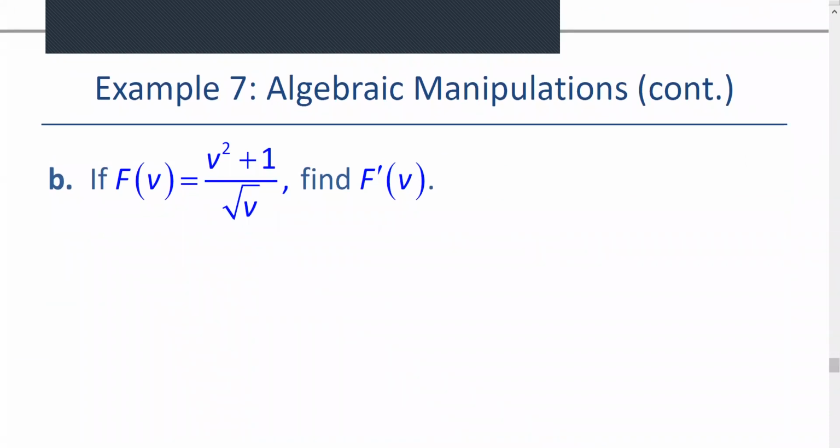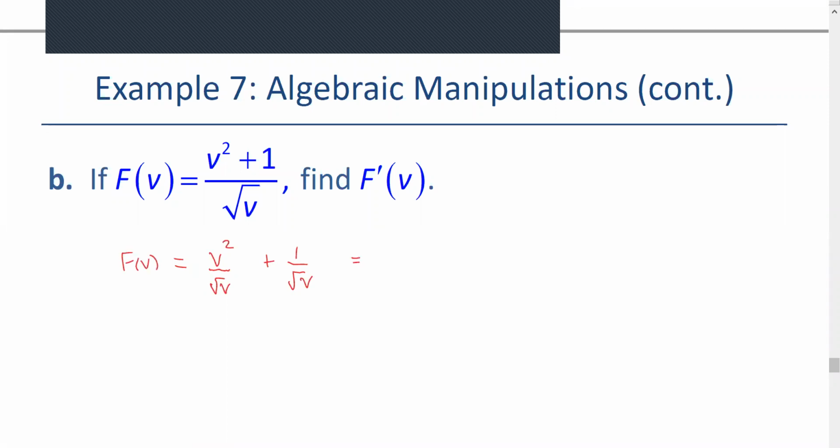In this example, if f of v equals v squared plus 1 divided by square root v, find f prime at v. First of all, we are going to simplify this algebraic term, as v squared plus 1 have the same denominator. We are going to rewrite it as two separate terms: v squared divided by square root v plus 1 over square root v.